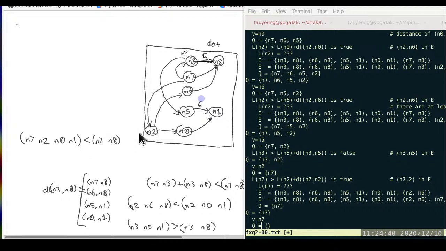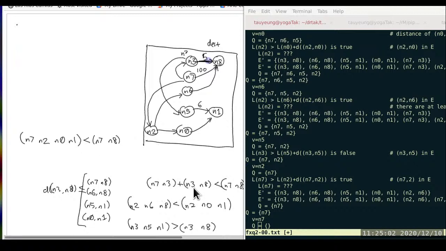So n7, n8 is going to be a pretty big value. Okay, we'll give it a really large value here, just so that it's the largest. And then we have to figure out the other ones step by step.